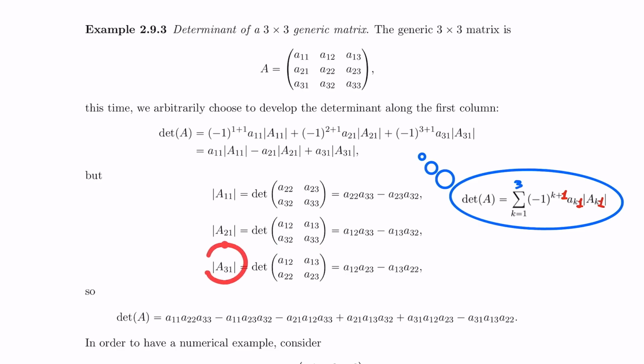Finally, the minor a31 is the determinant of the submatrix obtained by erasing the third row and the first column of A. And so this is the submatrix of order 2 that you find written here. If you introduce the explicit expressions of the minors in this formula and you take into account the signs written here, you find this formula here for the determinant of a 3 by 3 matrix.